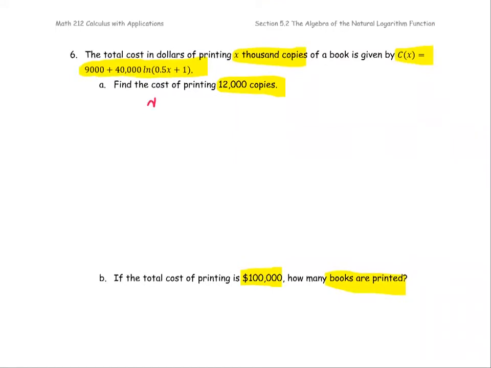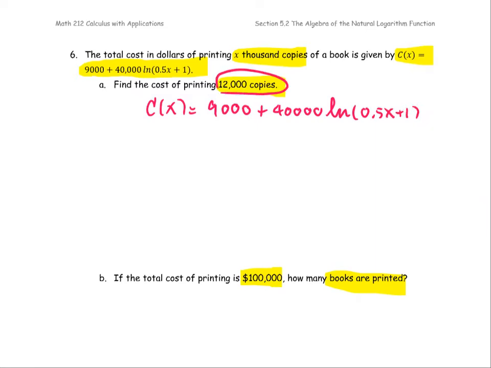For the cost, C(x) equals 9,000 plus 40,000 multiplied by natural log of 0.5x plus 1. Printing 12,000 copies, that is your x value. And the unit of x is in 1,000 copies.